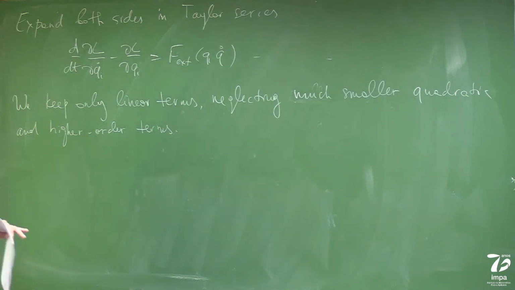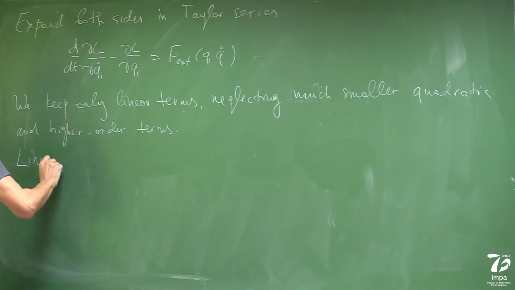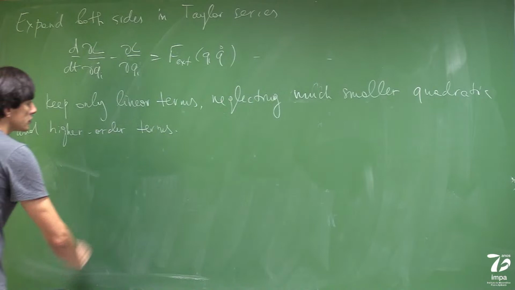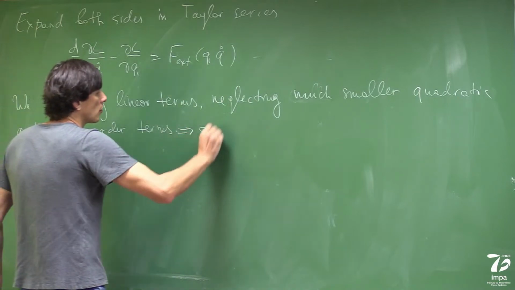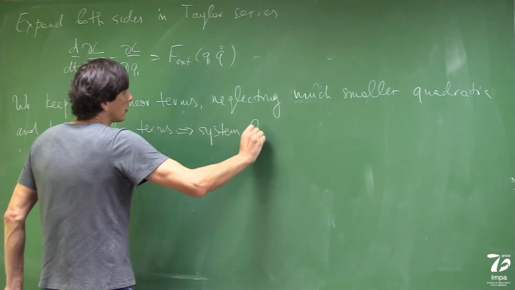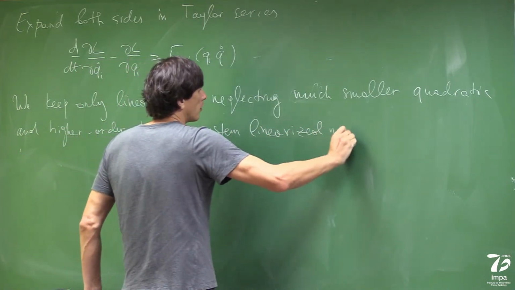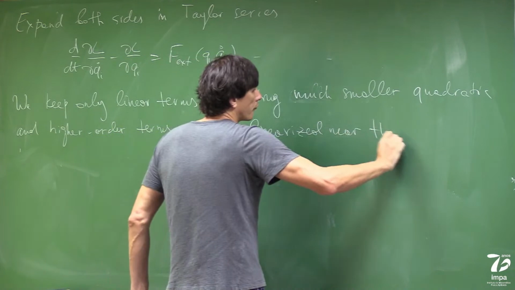So just linear terms you keep, and this gives you what we call the system linearized near the equilibrium.